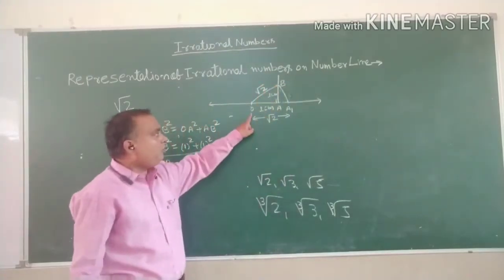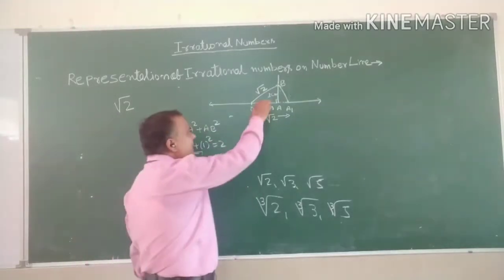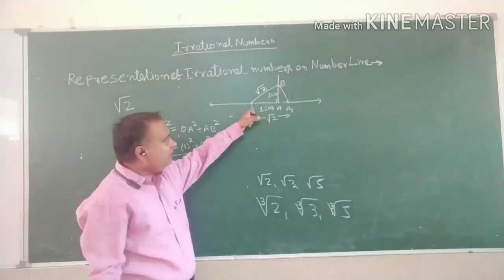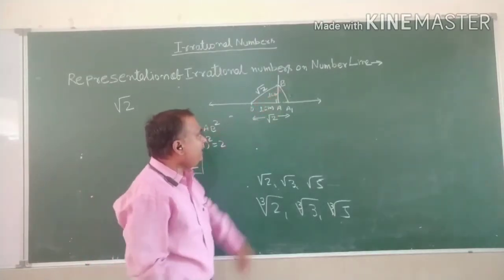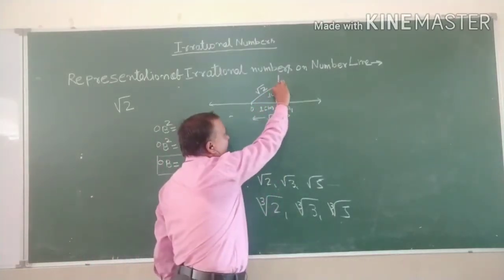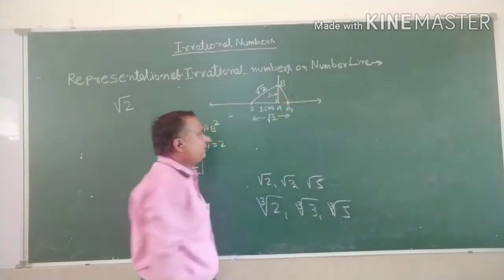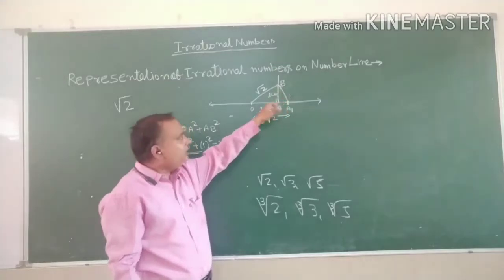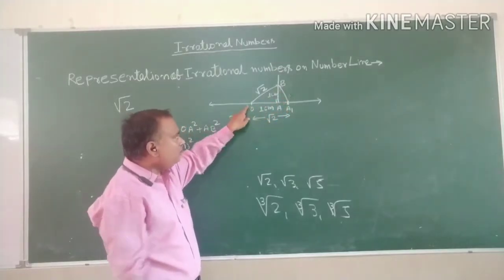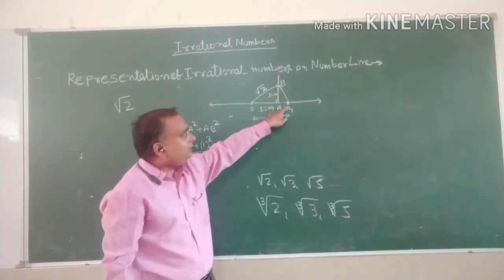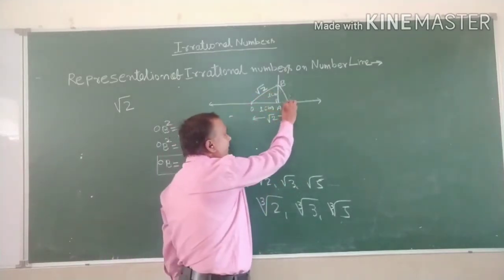Now take O as the center and the radius equal to OB. Draw an arc that cuts the number line at point A1.